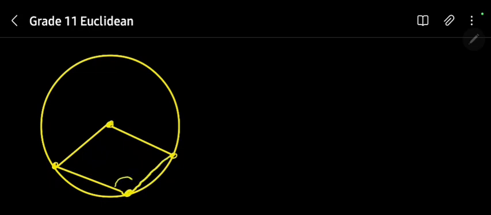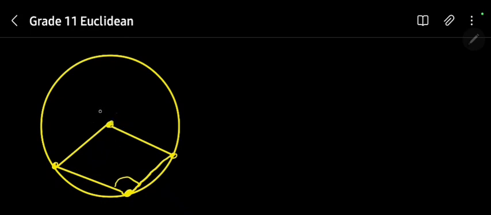They form an angle there, and they also form another angle there. Remember, the angle at the center here, you can see that it's outside.